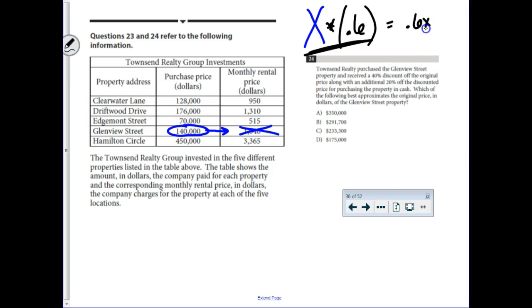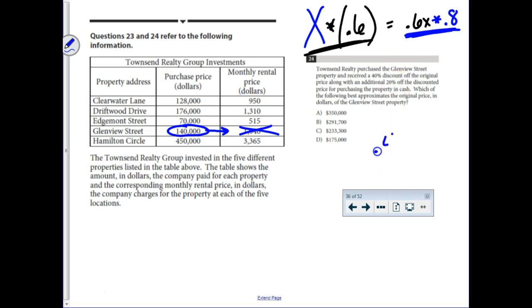But then they got an additional discount, guys. They got another 20% knocked off. So if they get another 20% knocked off of this new price, how much do they multiply it by? 80%, right? So what's that? It's 0.48.